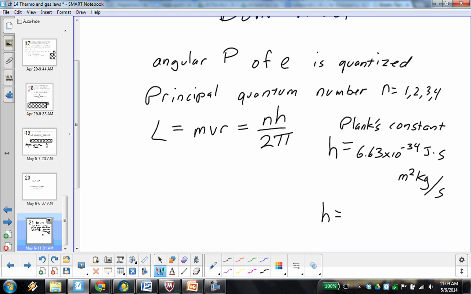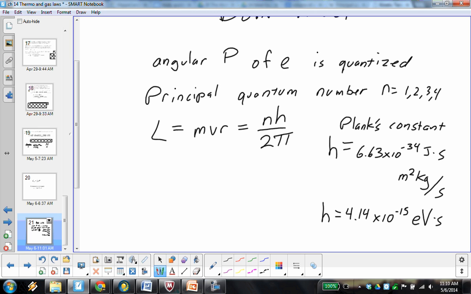The other number is 4.14 times 10 to the negative 15th. And this is, rather than joules, going to be a value of electron volts times seconds. So basically what it comes down to is if your problem is dealing with electron volts, you might have to use that number instead.